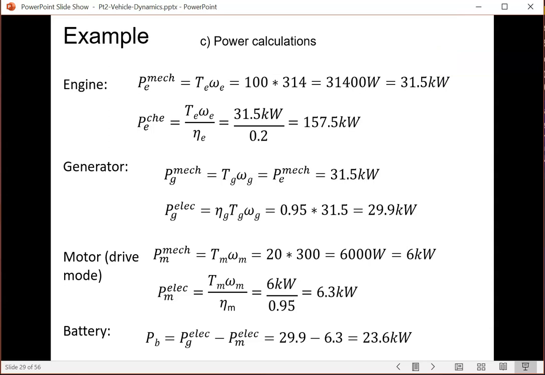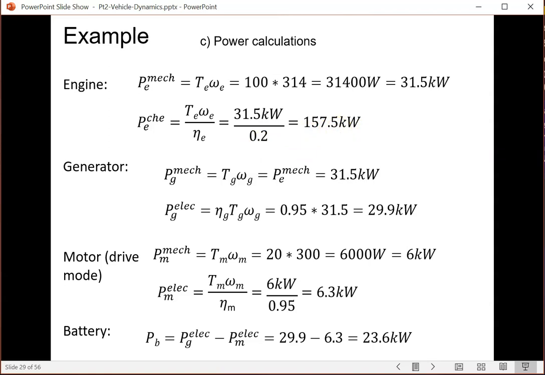Efficiency of the engine is 0.2. Then of course the input has to be a lot higher to get 31.5. Therefore, the input power to the engine needs to be the output divided by the efficiency in order to get the higher number. So that's the way to remember whether it's divide or multiply.